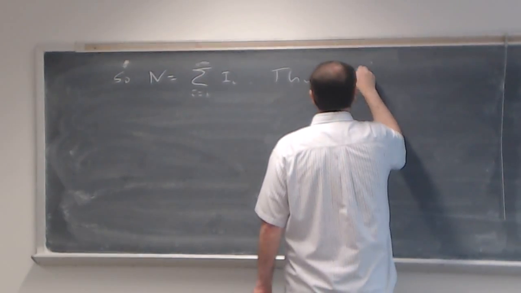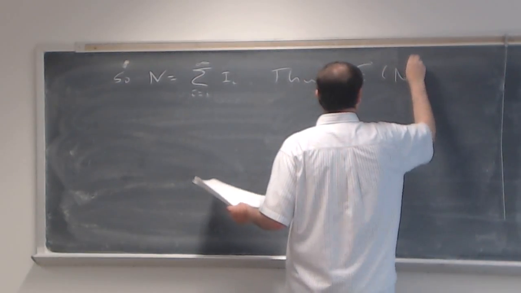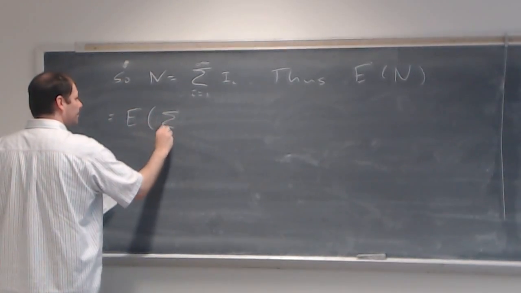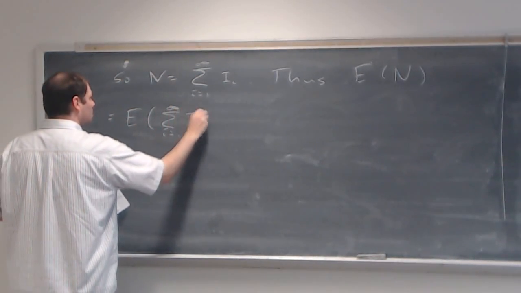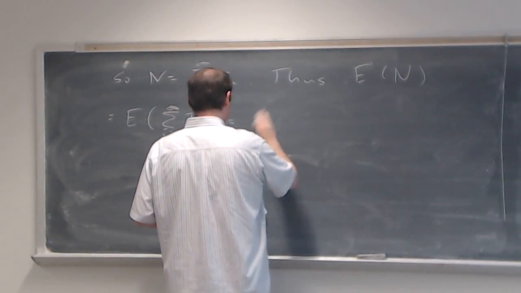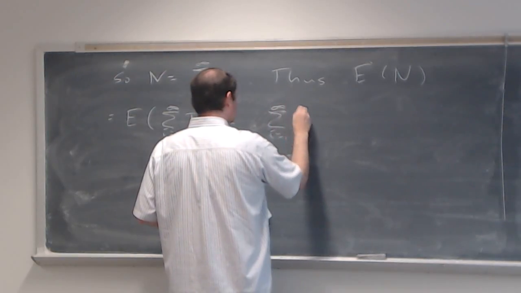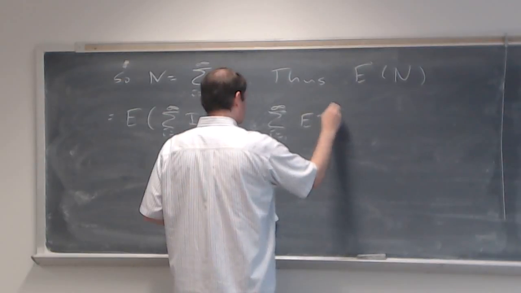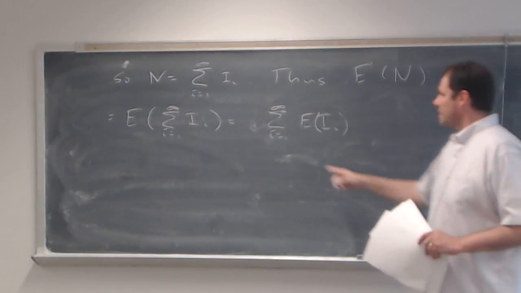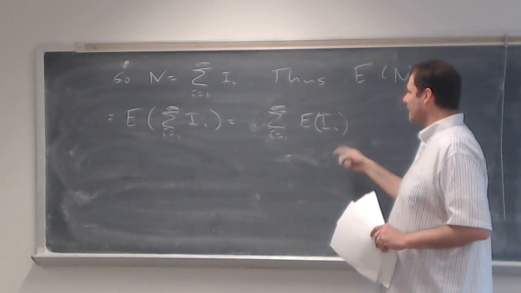Thus, the expected value then, which is what we're interested in, is equal to the expected value of this sum, which is going to be equal to the sum of the expected values. Okay, and one of the things I should say here is that really, I is changing.